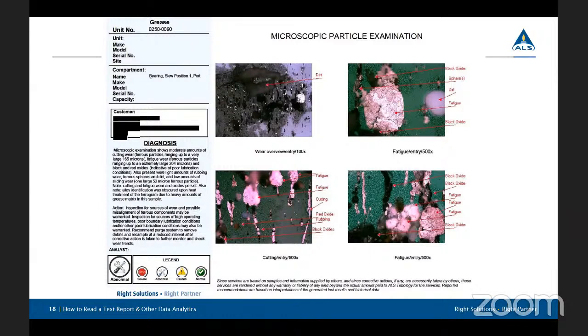They ended up sending us a brand new tube of grease from the same lot that was being utilized in that component. I received it myself. I got to peel the seal off of that new grease, and we did a microscopic particle examination on it. What we found is the cutting wear was in the grease. For the manufacturer, what was probably going on is the pumps used to transport that grease.